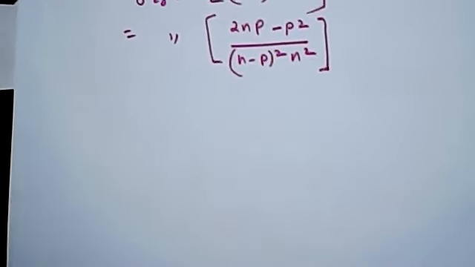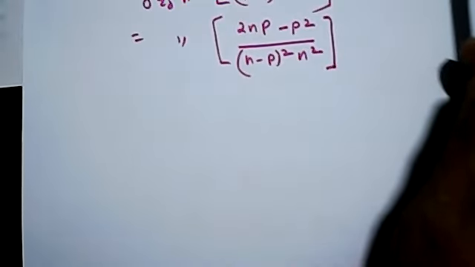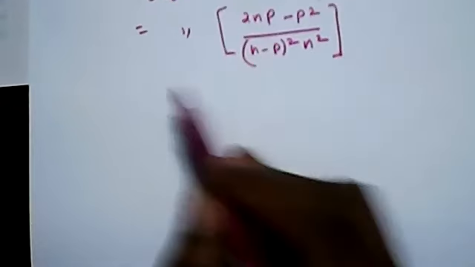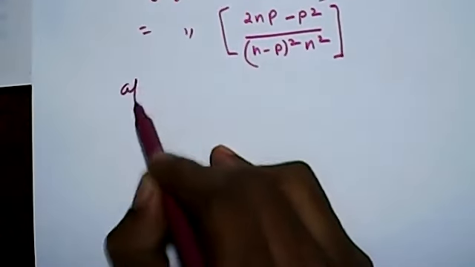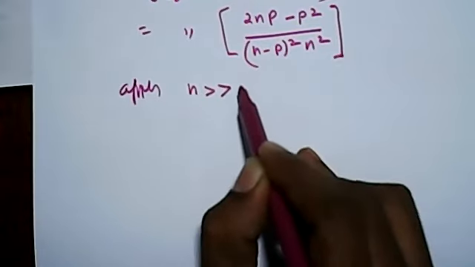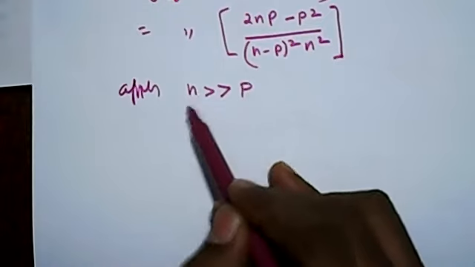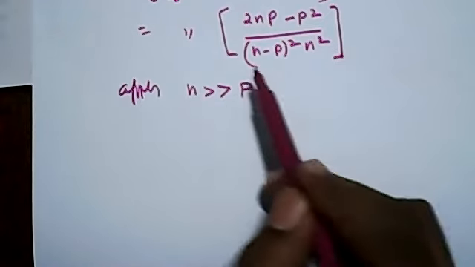Now we can apply this idea of large quantum number. N is very, very much larger than p. P is only 1, 2, 3. N is 1000 or 10,000 like that.